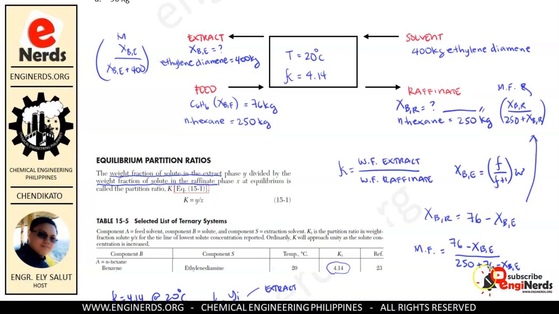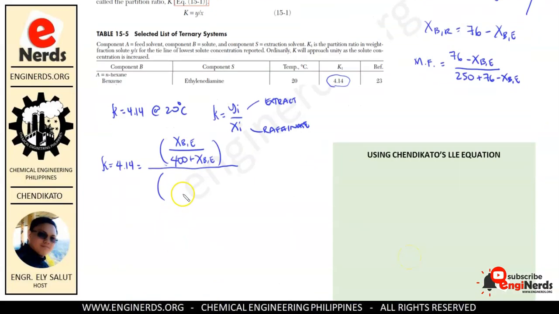So, we substitute that in what we are computing for the K. So, we have here 76 minus XBE over 250 plus 76 minus XBE. Okay? So, all of our variables here are XBE. We just need to solve for the value of XBE. So, let us simplify this.